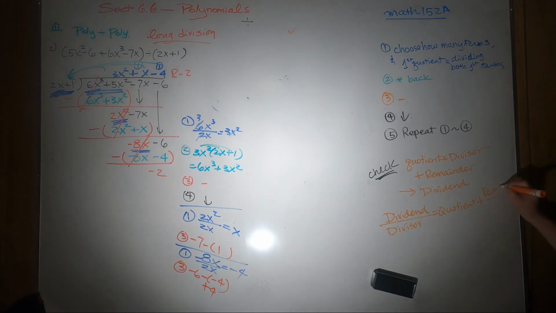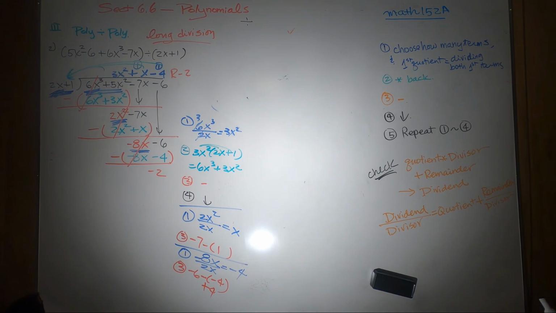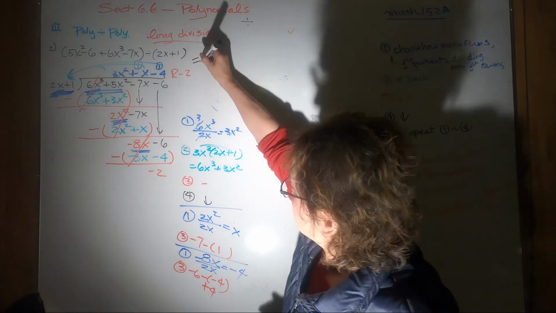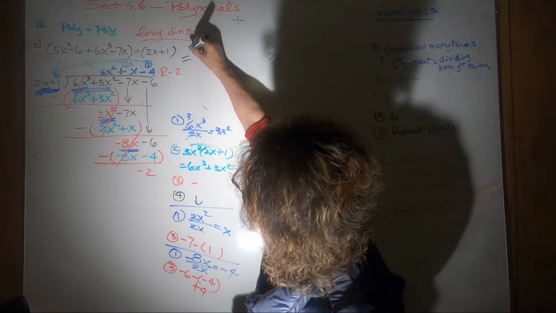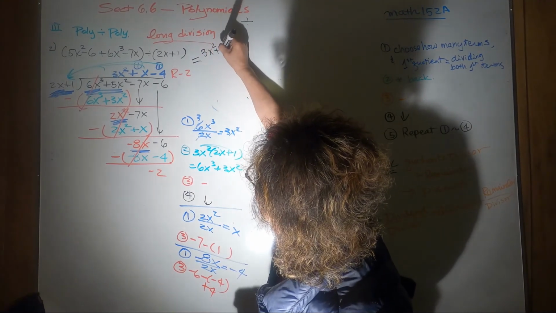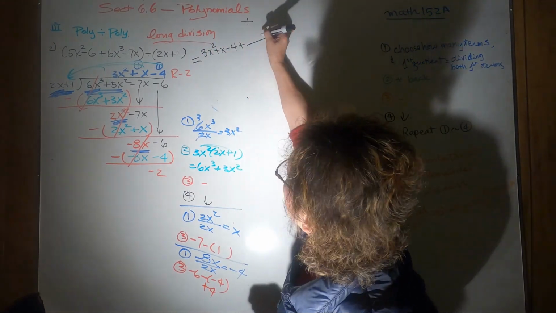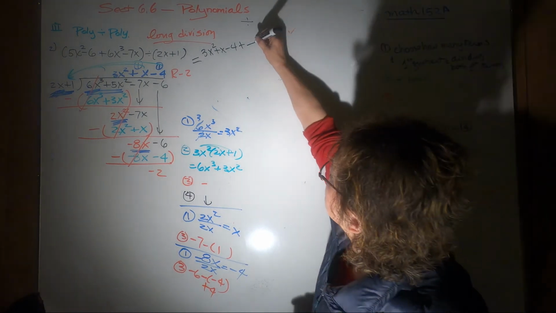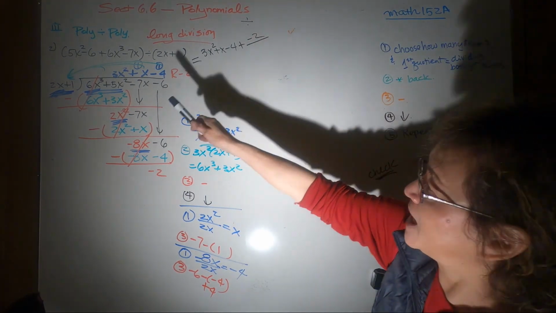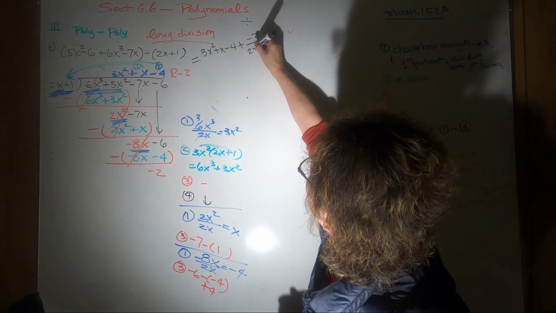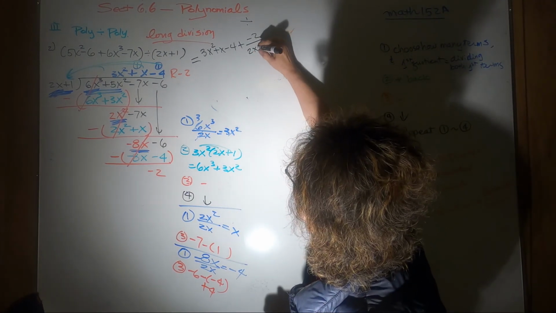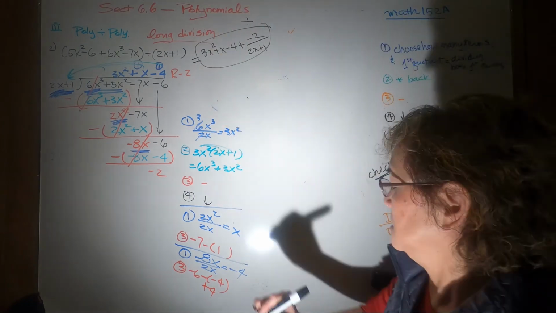Your remainder over your divisor. So quotient is 3x squared plus x minus 4 plus what? Your remainder is negative 2 over your divisor, which is 2x plus 1. Okay, so your answer is this way.